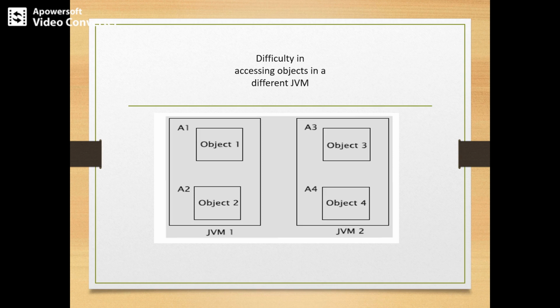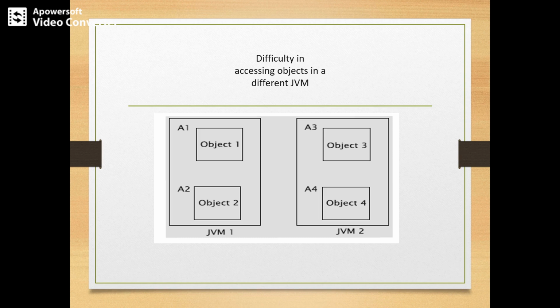There is a basic difficulty in accessing an object running in a different Java virtual machine, that is JVM. Let us consider two JVMs, Java virtual machines, hosting the objects as we can see in this diagrammatical representation. A single JVM has the address space which is allocated to the objects living in it.